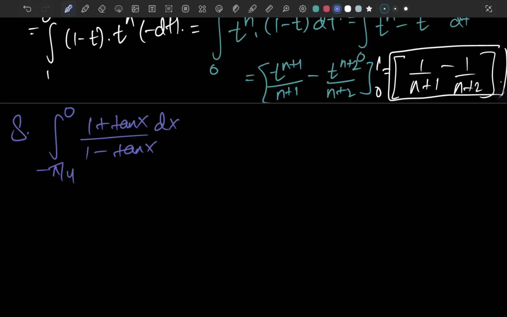Okay, how are we going to perform this? 1 plus tangent squared is secant squared x, but we don't care about that because we have 1 minus tangent x in the denominator.